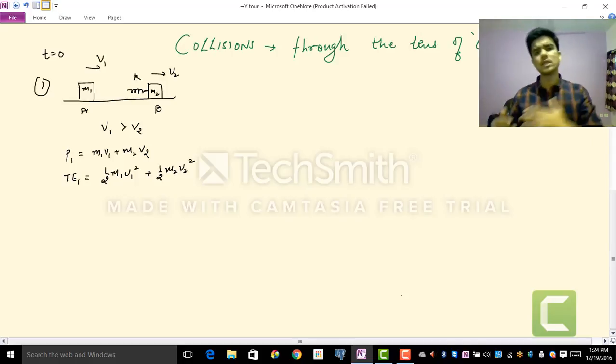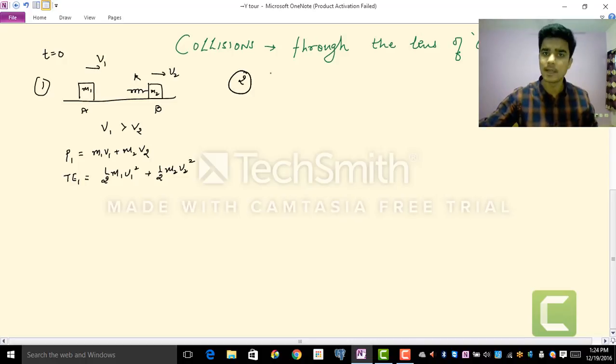Now let's go to instant 2 and let us make these objects meet. Let us say instant 2 is t equals t1. This is the instant when object A starts to meet object B, which means the spring starts to get compressed by some amount x, it does not matter much.